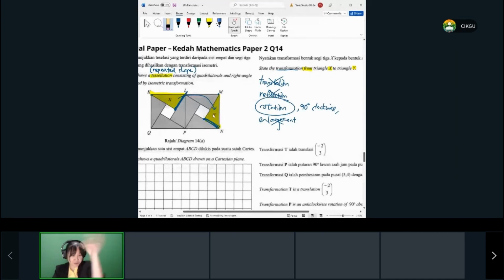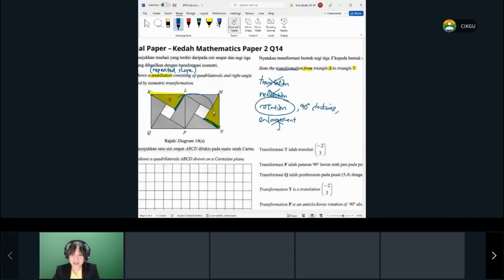Anybody in the chat box manage to see where the center of rotation has to be?